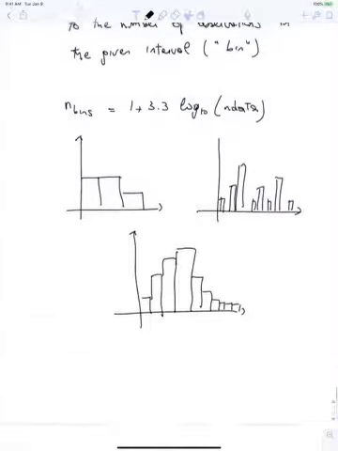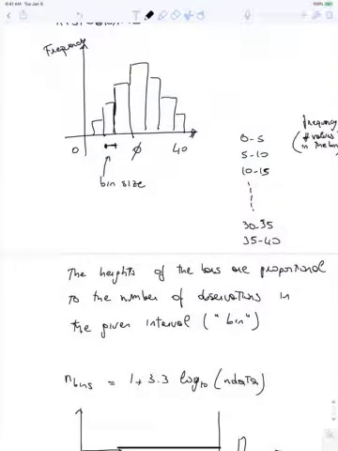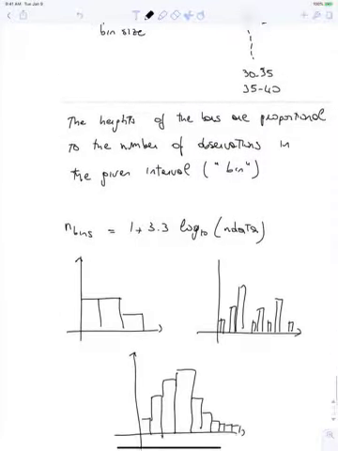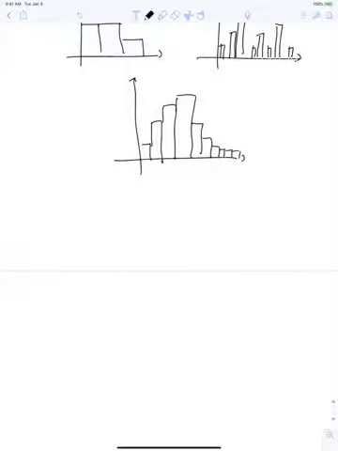So this one here is a good way to represent the distribution of the function, but sometimes we are more interested in the frequency distribution. So we take the number of observations in the bin and we divide by the total number of observations, and we get the frequency of the observation.